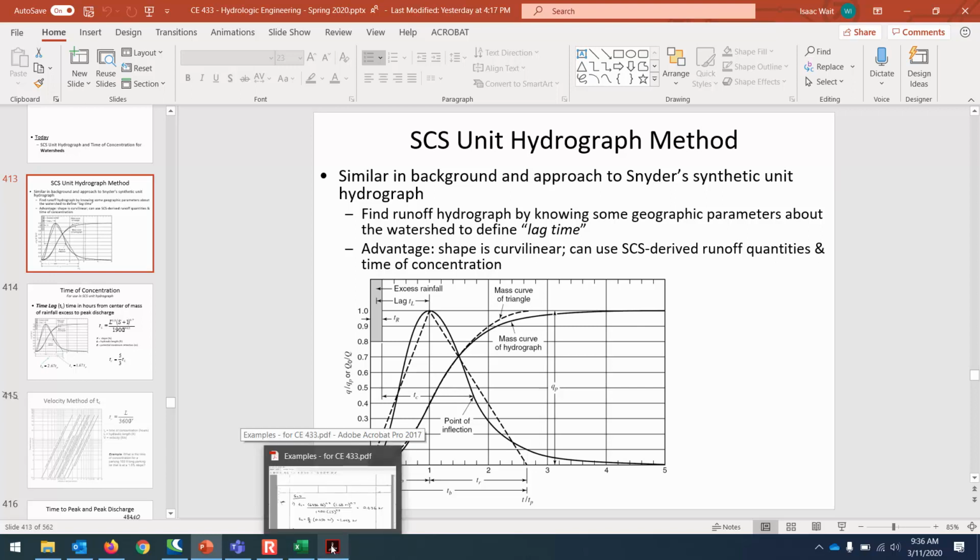The thing that's a little bit murky is that the storm duration isn't specified. One of the weaknesses of the SCS method is that if you have a 1-hour storm or a 2-hour storm, the method that we're learning isn't sensitive to the duration of the storm. It's just kind of a fixed response.